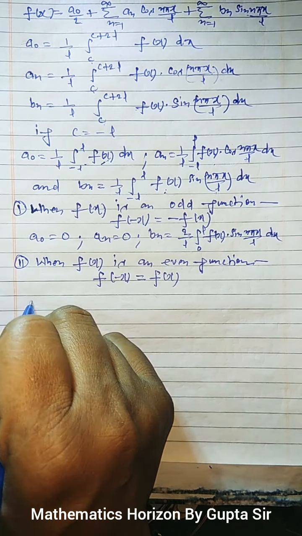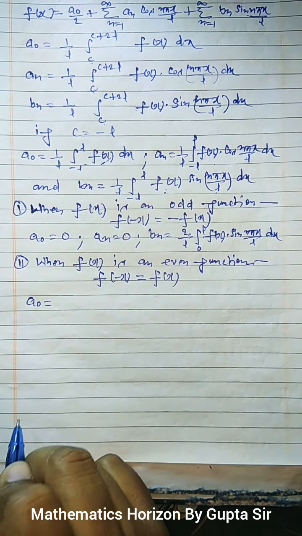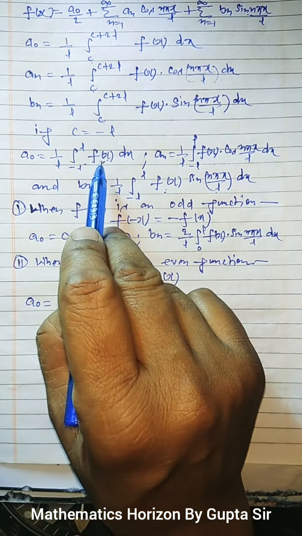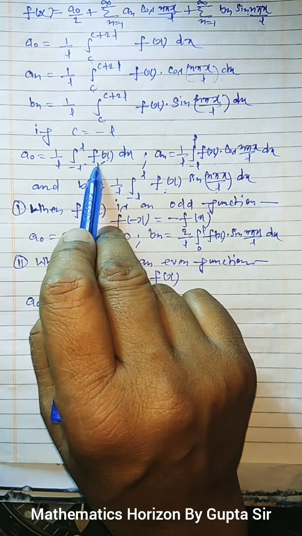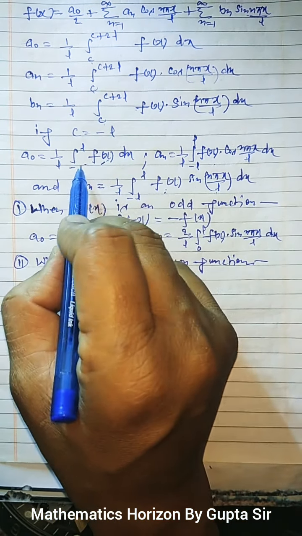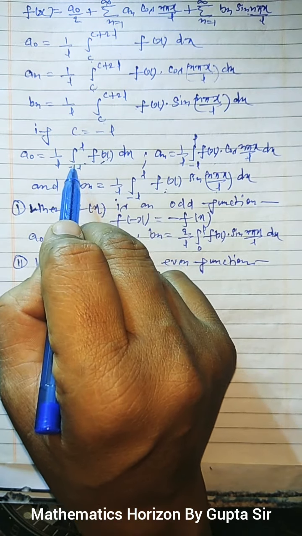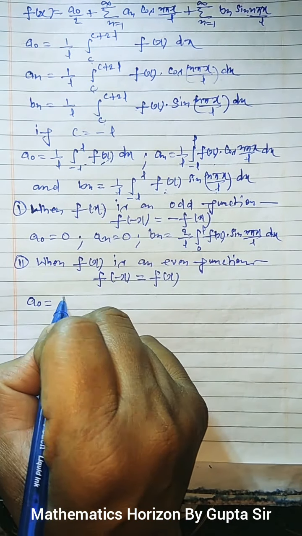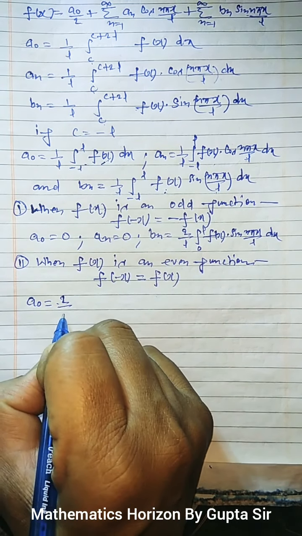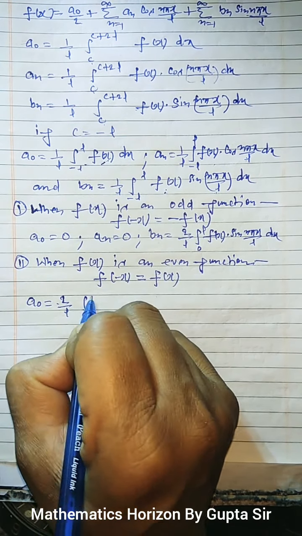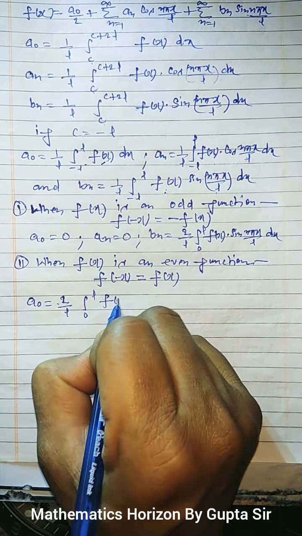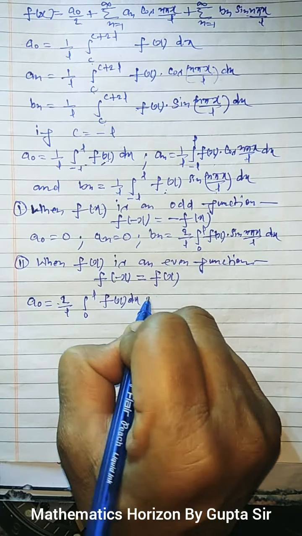Now what will be the value of a0? When f(x) is an even function, by the property of definite integration, this will be 2 times the integral from 0 to L, that is 2/L integral from 0 to L of f(x) dx.